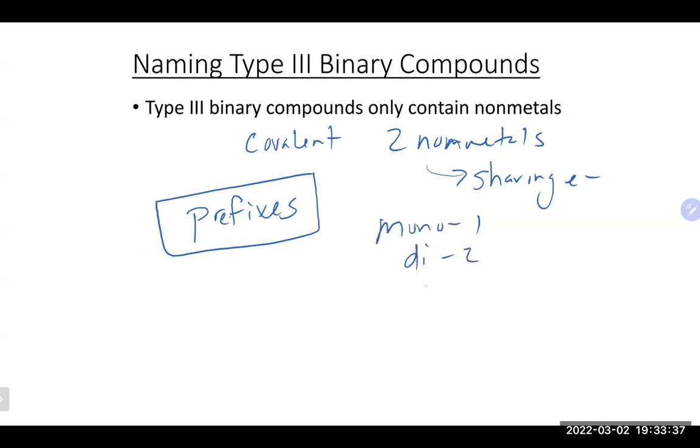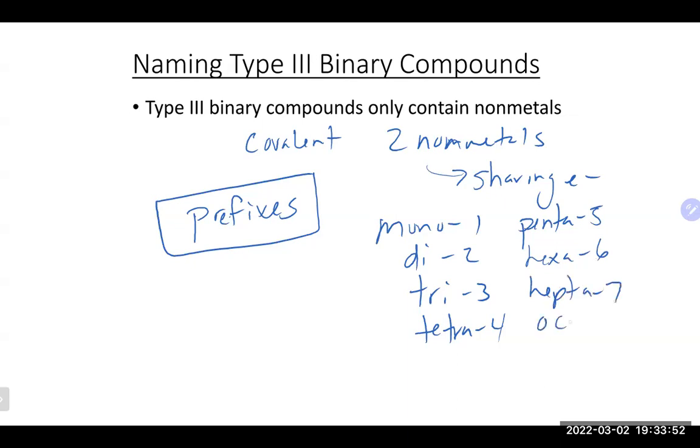Di, which means 2, tri, which means 3, tetra, which means 4, penta means 5, hexa means 6, hepta means 7, octa means 8, nona means 9, and deca means 10. So we use these prefixes because there's really sharing of electrons here.